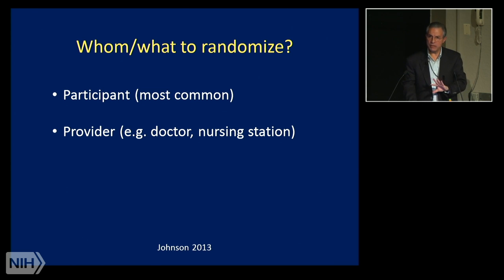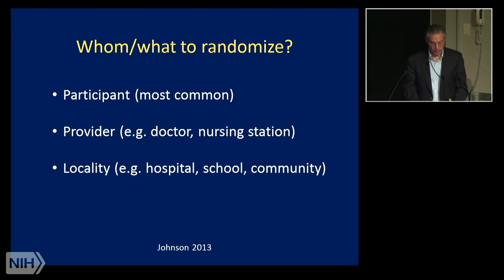We'll talk about this when we talk about cluster randomization. Or locality. You could randomize a whole hospital or a school or a community. So you're trying to test an education program, and you want to randomize schools and give them the 2 kinds of education programs and see which one is better.